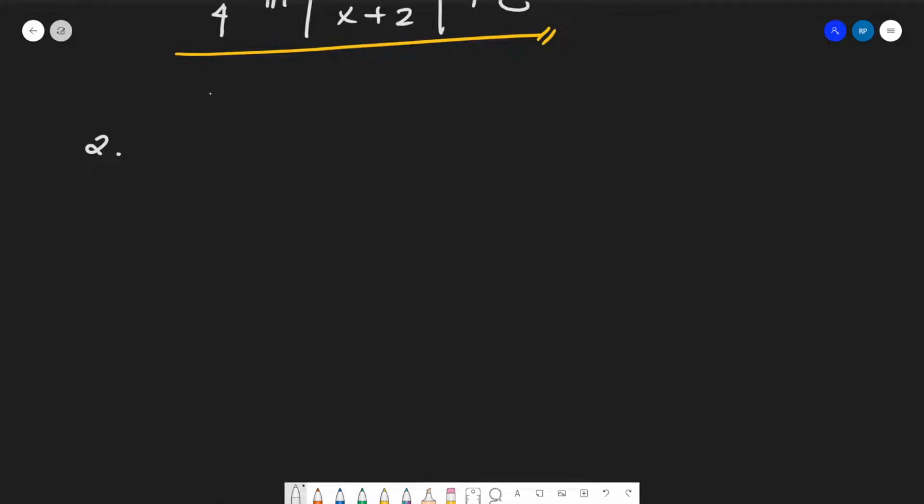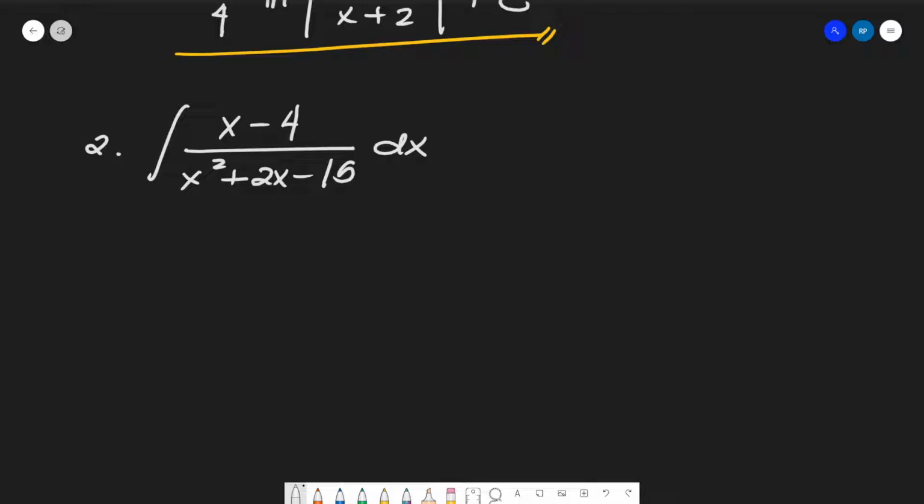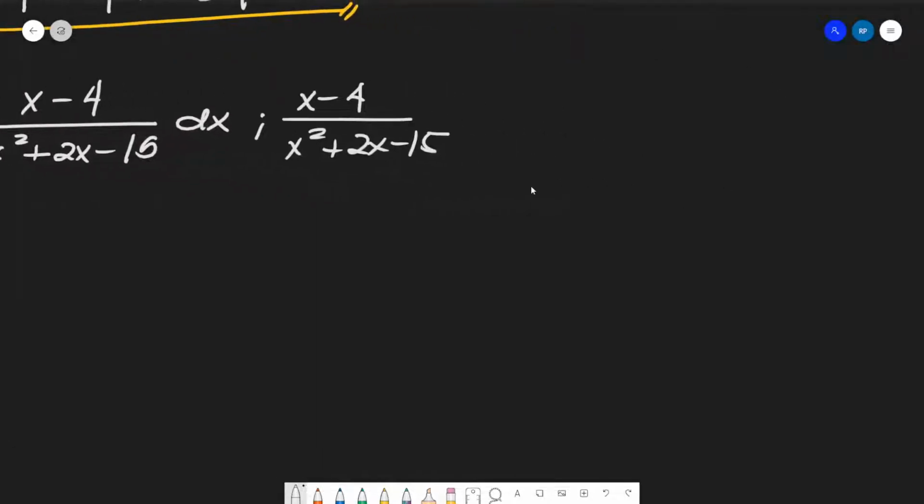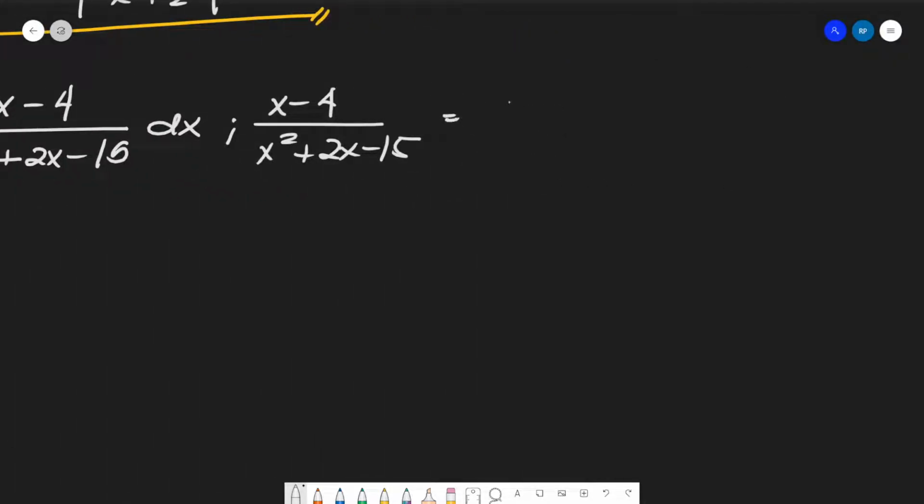So, sa number 2 daw, we have the integral of x minus 4 over x squared plus 2x minus 15 dx. Now, ito yung pinapasolve na integral sa atin. So, let's decompose. So, factor natin yung denominator.